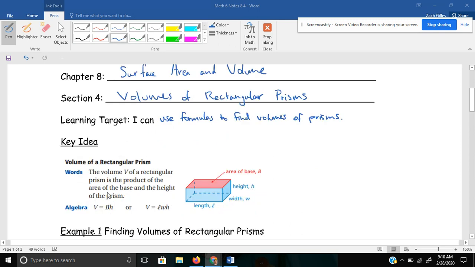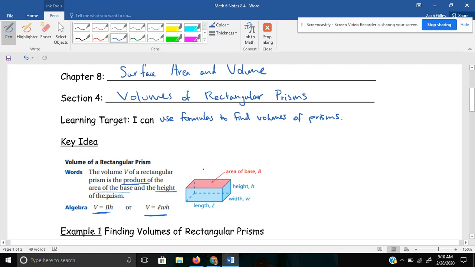Starting with our key idea, there's a couple different volumes that the book uses, or that you'll probably see when finding volumes of prisms. The volume is the product of, so when you multiply, the area of the base and the height of the prism.